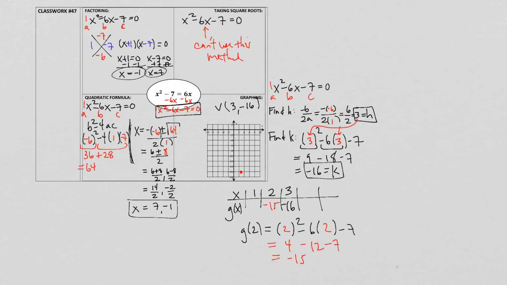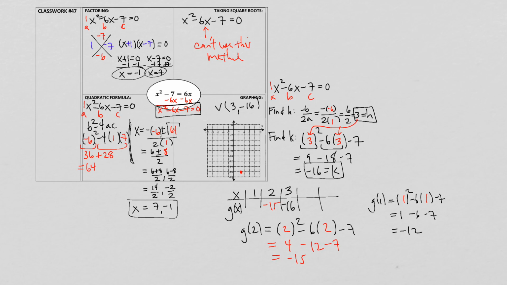And then one last time I can find g of 1. And that's going to be basically x squared minus 6x minus 7. And I'll input a 1. And I end up getting here 1 minus 6 minus 7, which is 1 minus 13, which is minus 12.